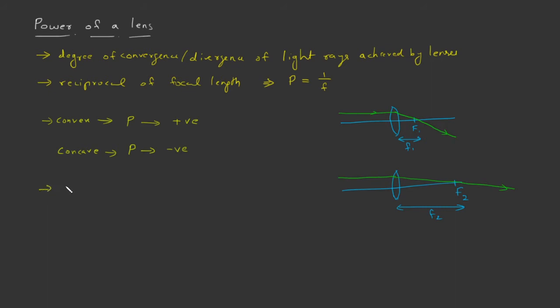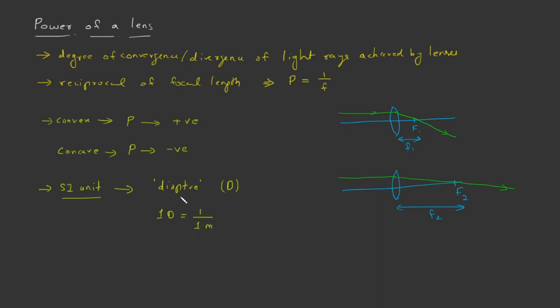Now, we are going to study the SI unit of power of lens. The SI unit of power of lens is diopter. It is denoted by capital letter D. When the power is equal to 1 diopter, it can be obtained if focal length is 1 meter.